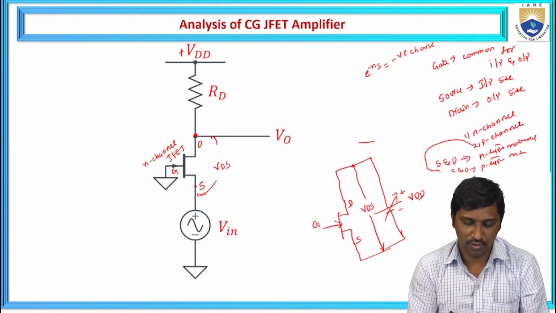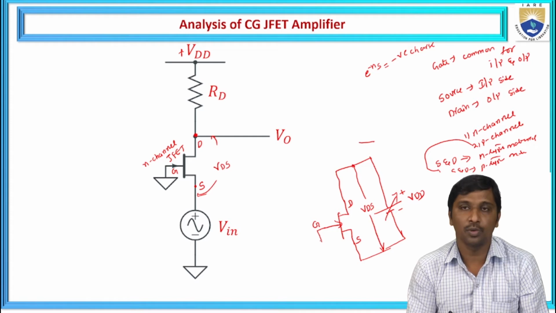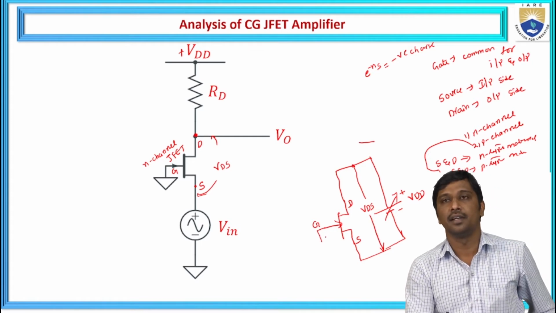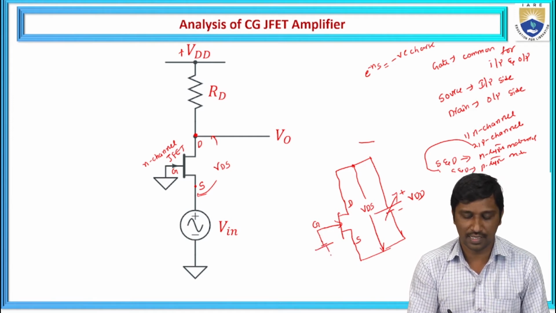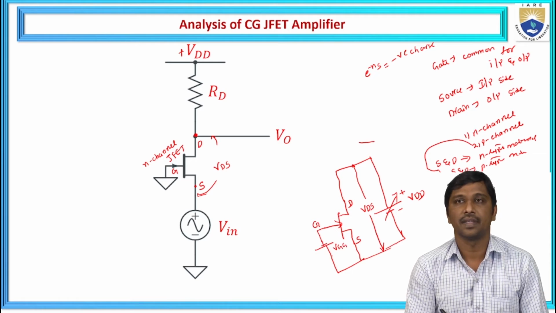We know from the characteristics of the JFET that the gate controls the flow of drain current. So the gate is biased with the negative pole with respect to the source. It is called VG.